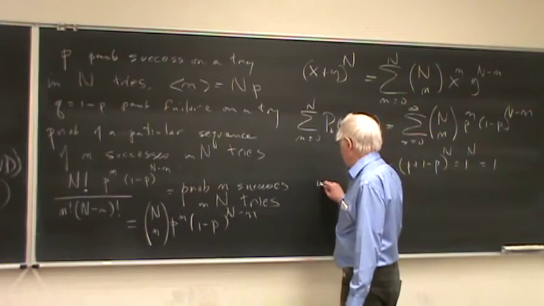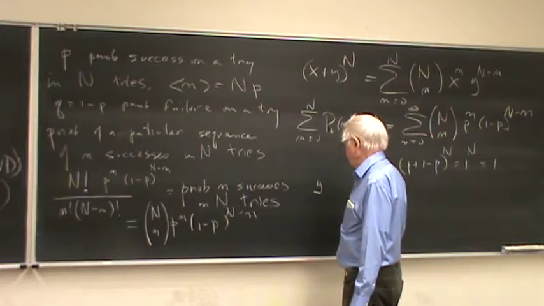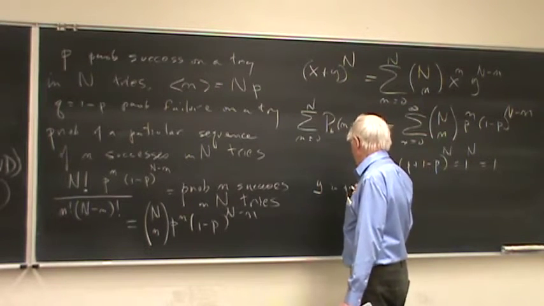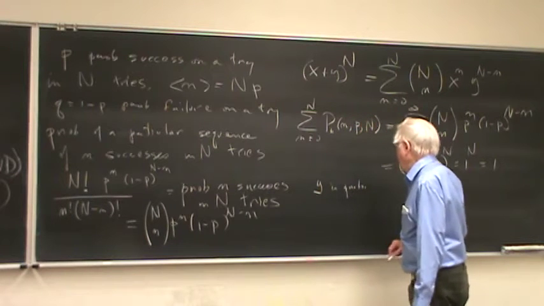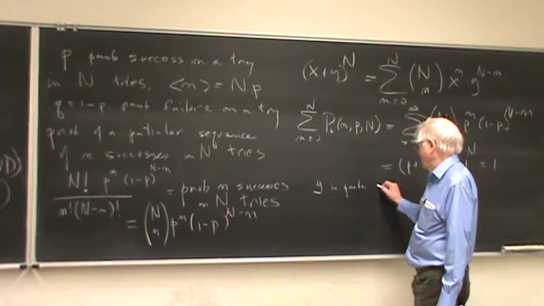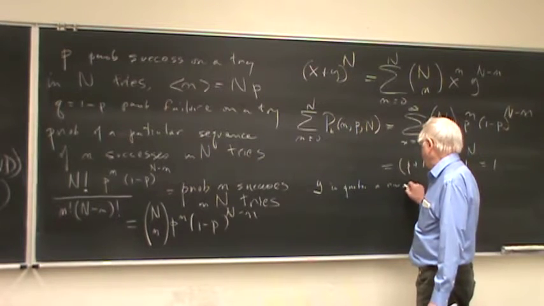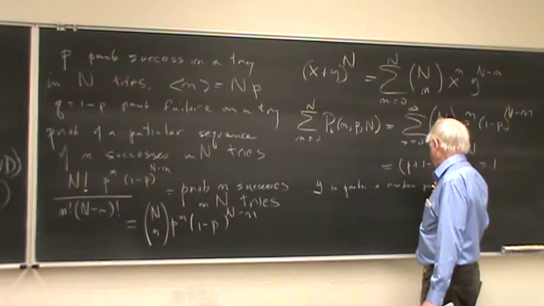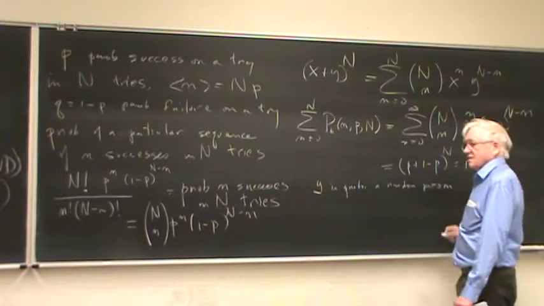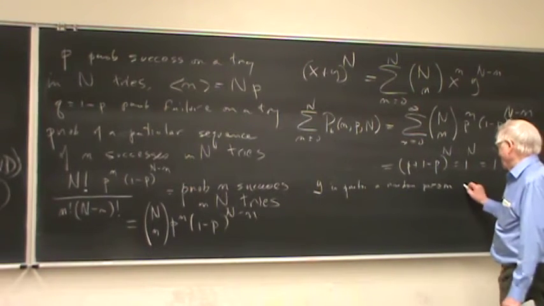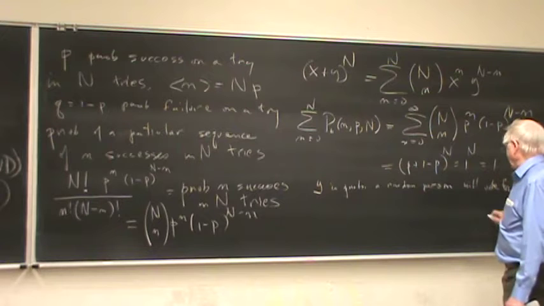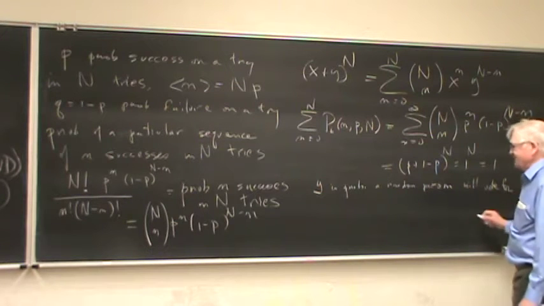Let's suppose we go to the polling example. And suppose y is the probability that a random person will vote for, and I picked Nancy Pelosi.